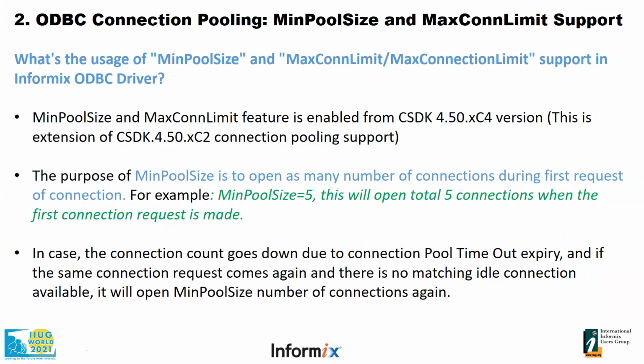On top of that, we have enabled the minimum pool size and maximum connection limit support from the CSDK 4.50 XE4 version onwards. The purpose of minimum pool size is to open that many connections during the first request of a connection. For example, if you set the minimum pool size value to 5, this will open a total of 5 connections when the first connection request is made.